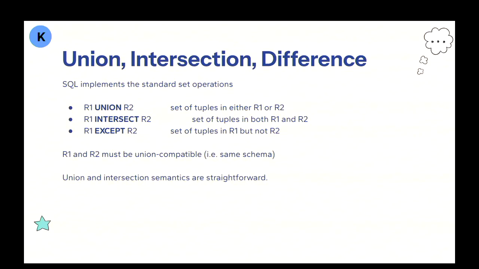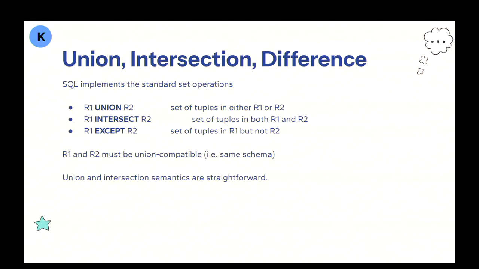It is used to calculate the difference between two sets, and both operands for these operators must be compatible. They must have the same schema. So if we want to union two different relations with different schemas, we can't do that.